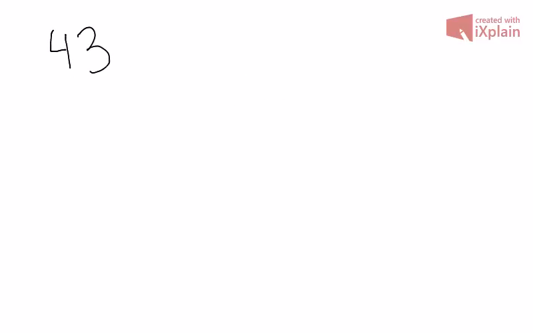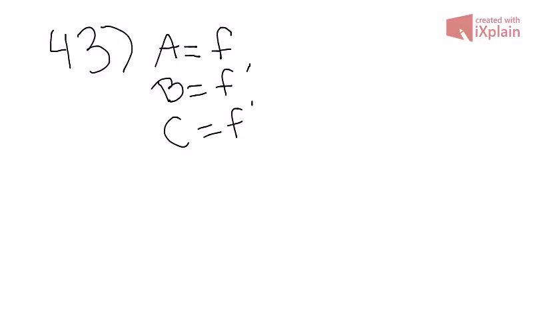All right, moving on to the last problem here. We have number 43, and it's asking us which of these three graphs, A, B, and C, correspond to the graph of the function, the derivative, and then the second derivative.